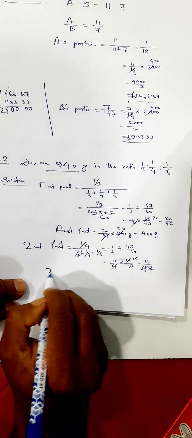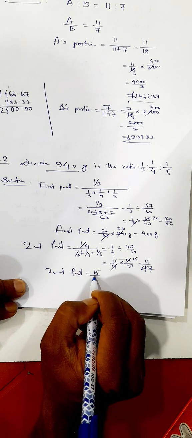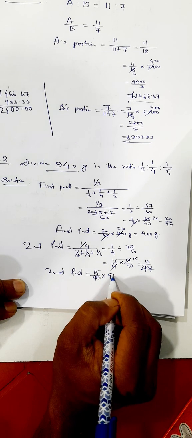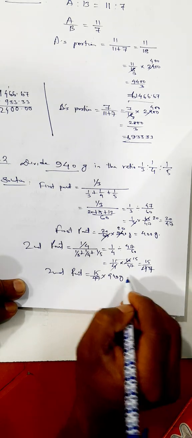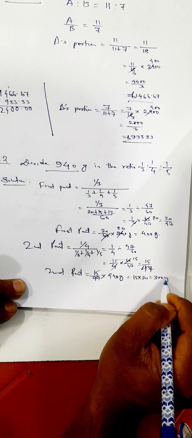So second part equals 15/47 into 940 gram. This means 15 into 20, 300 gram.